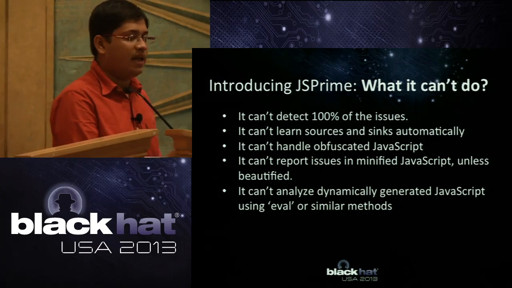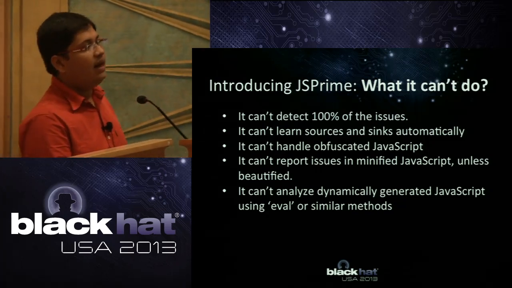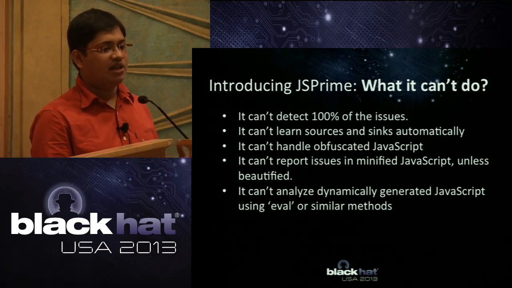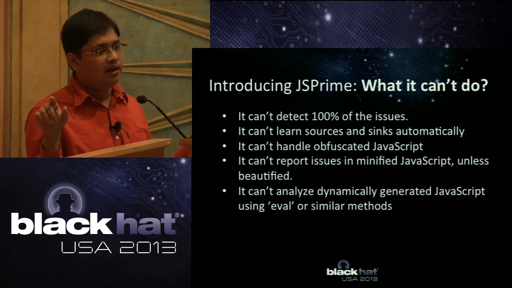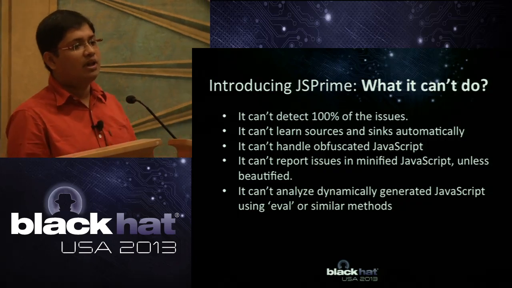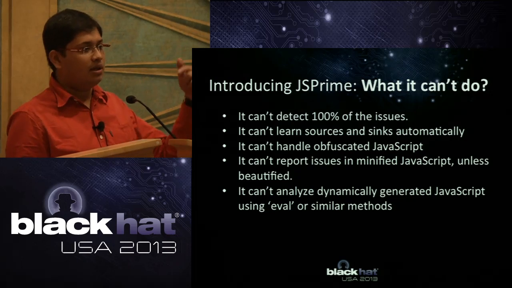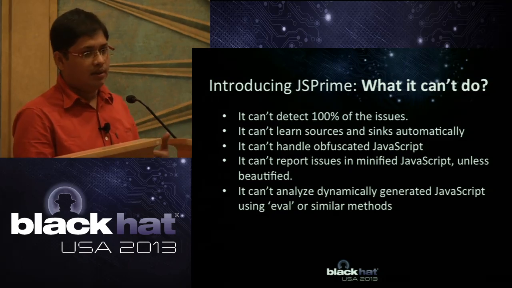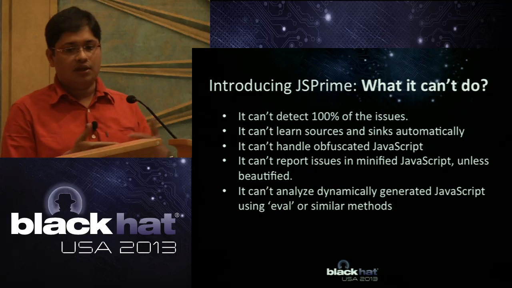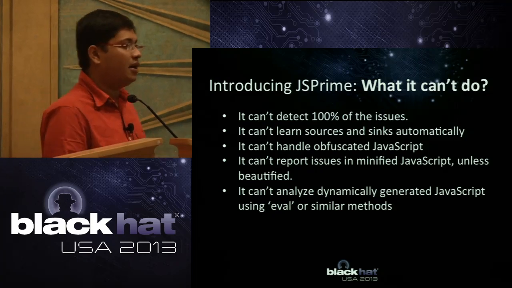So there's a catch here. It can analyze minified JavaScript, but since minified JavaScript is nothing but one line, it cannot actually report the issue, because it will report that line 1 has an issue, line 1 has source and sink. So you need to beautify it so that you'll be able to understand the report.